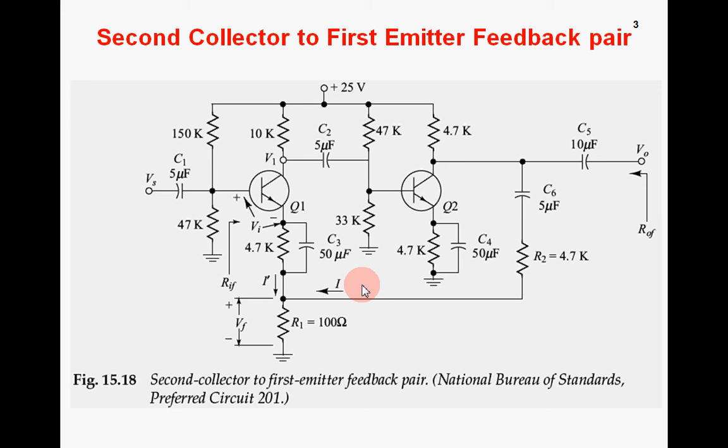In equation 2 we have derived that formula. Now a more accurate determination of AVF, as well as a calculation of input and output resistance, can be understood in the example that we are going to solve just now.